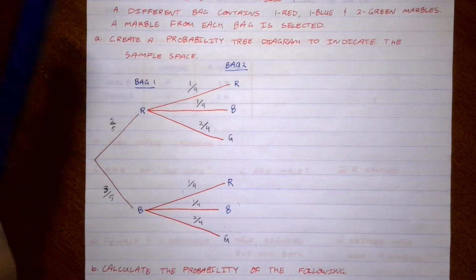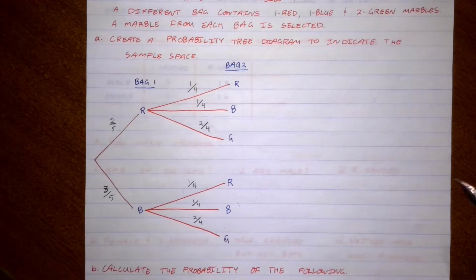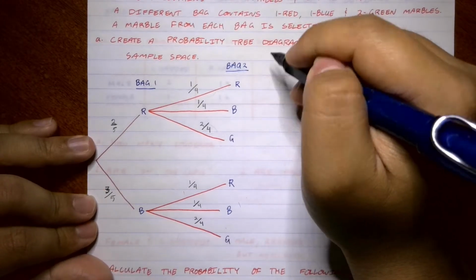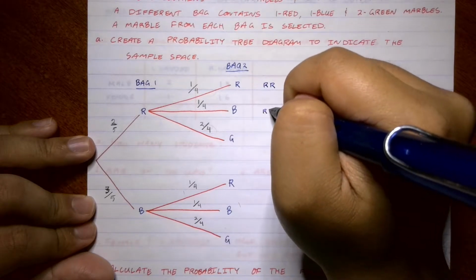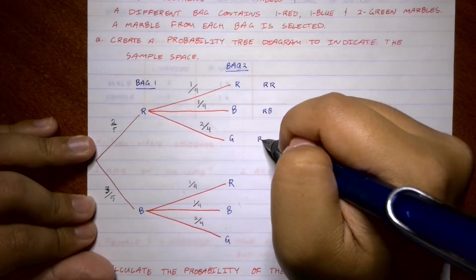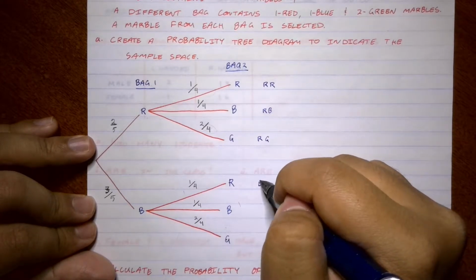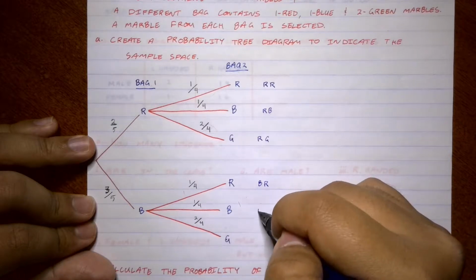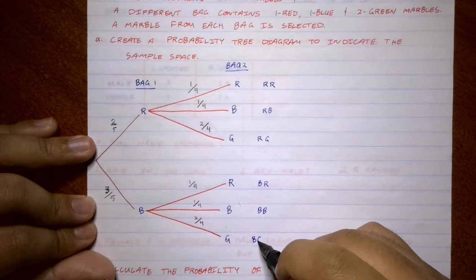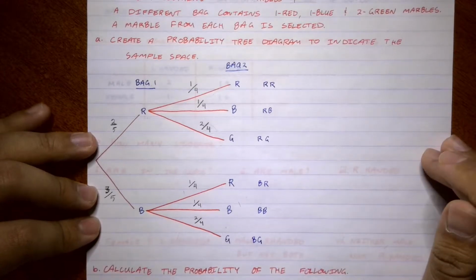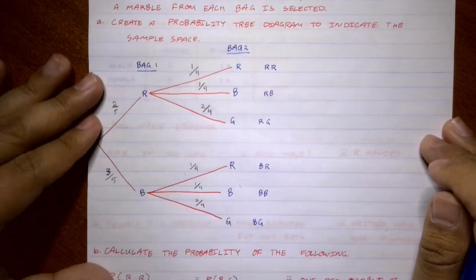And now we'll write down the results at the end. So this is red-red, red-blue, red-green, blue-red, blue-blue, blue-green.